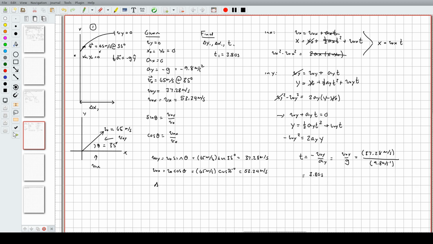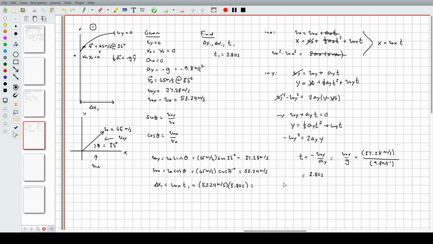So for this one, delta x1 is equal to v naught x times t. V naught x is 53.24 meters per second. And the time we just got to be 3.80 seconds.